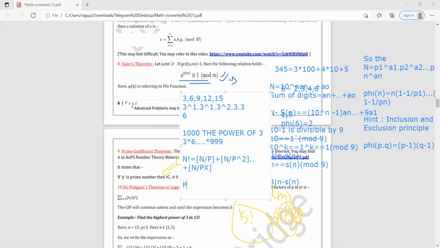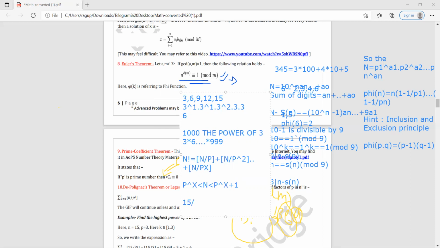This p raised to x has to be less than n, and the next exponent would have to be greater than n. Then our formula would stop. So let's check if it is true.